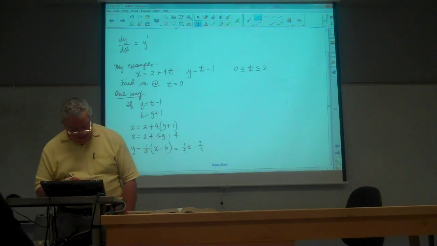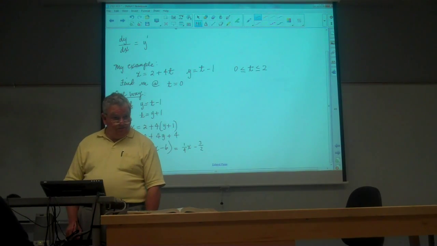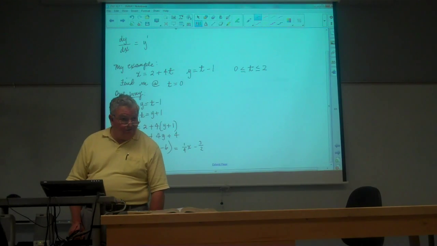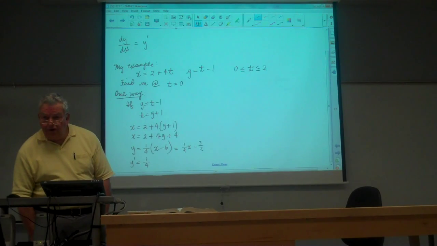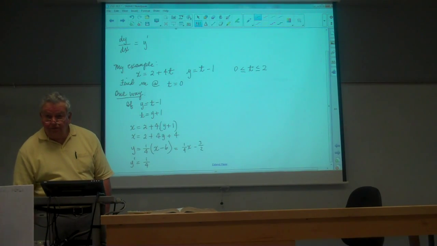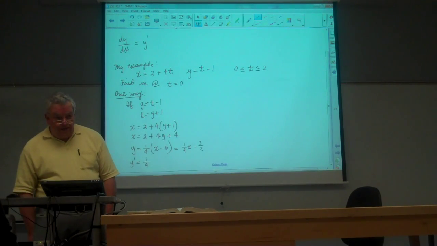So isn't this equal to then y prime is equal to 1/4? Period. Not at x equals 0, at x equal everywhere, right? It's a line. Everybody agree? So that's one way.